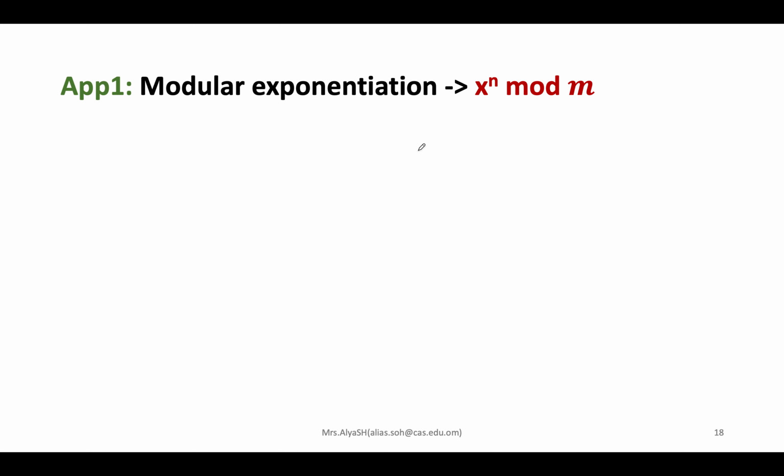Okay, let's identify the second topic of our session, and by the way, it is an application of modular class. So here we have modular exponentiation, and modular exponentiation means when I have a number with a power mod m, how we can find the results.